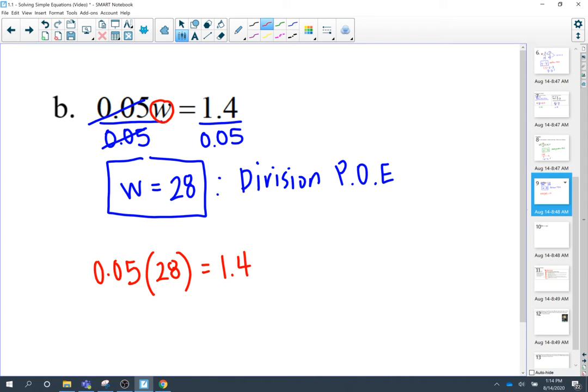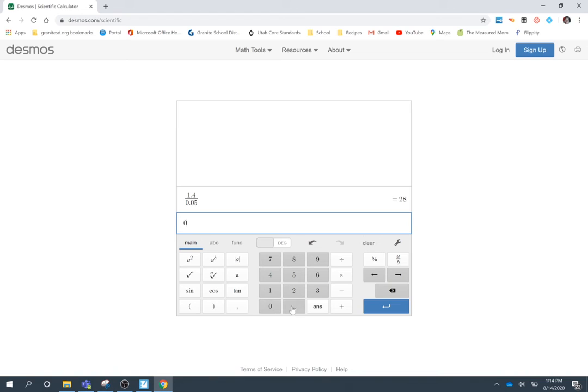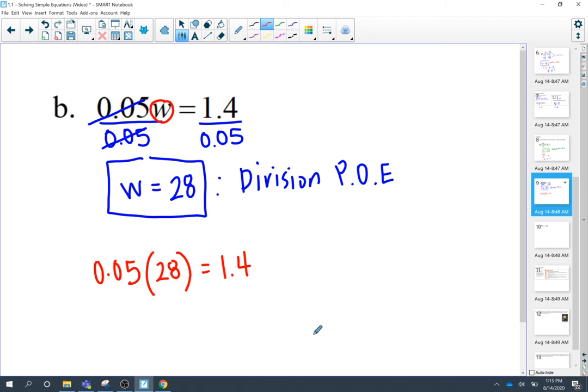Now again, I can't really do 0.05 times 28 in my head. So I'm going to go back to my calculator. 0.05 times 28. And look at that. We get 1.4. So check, and we're good to go.